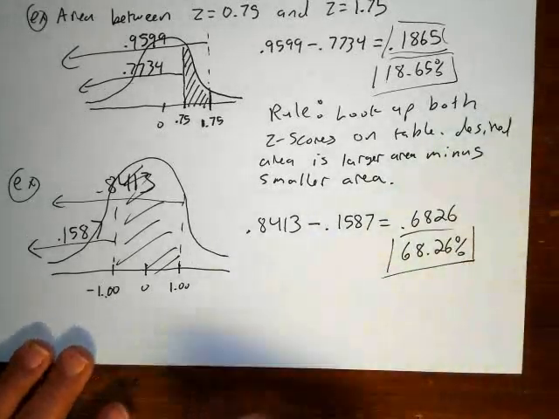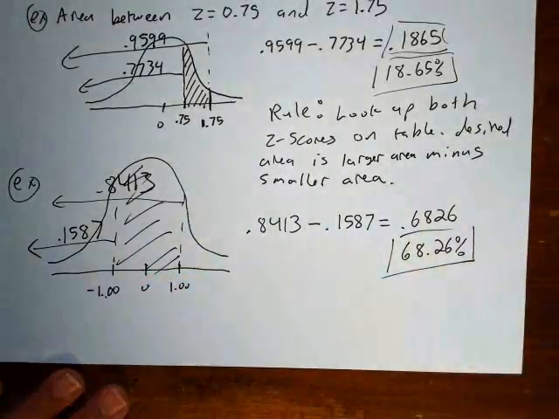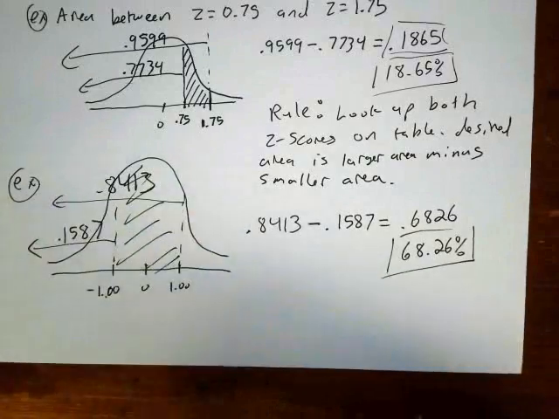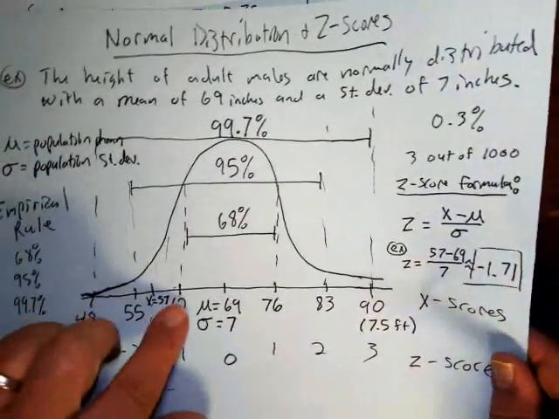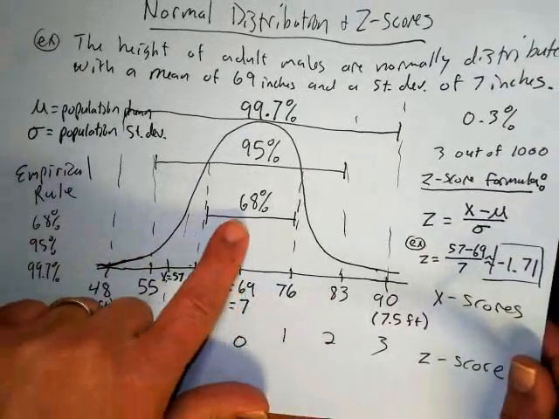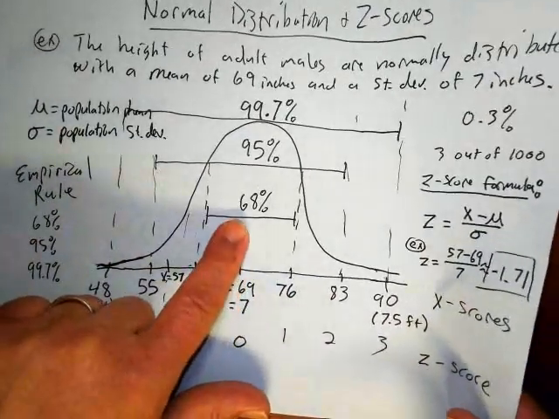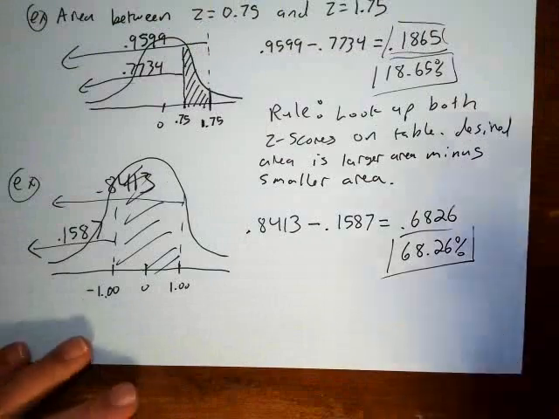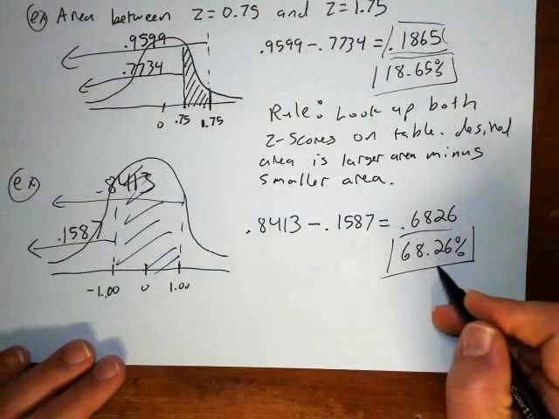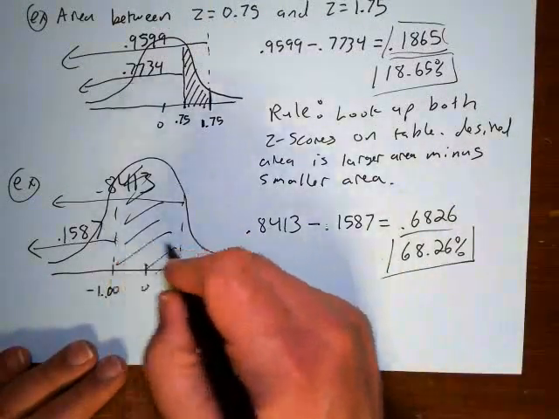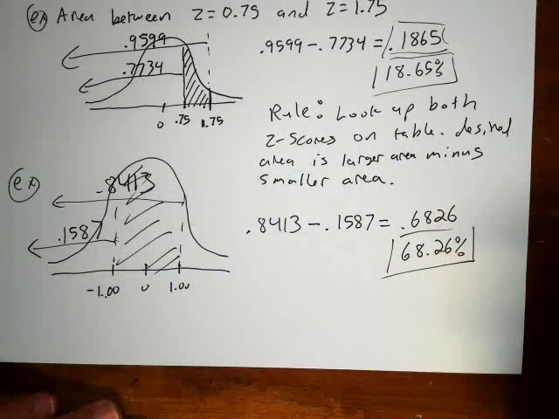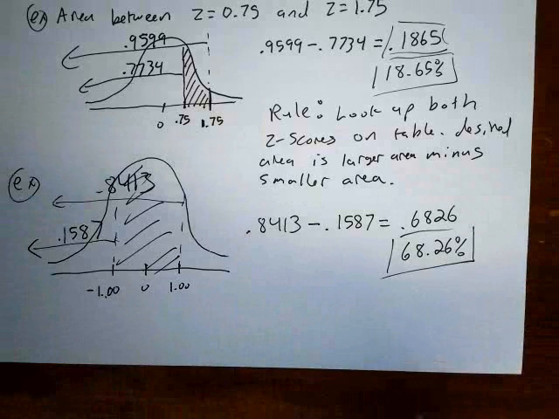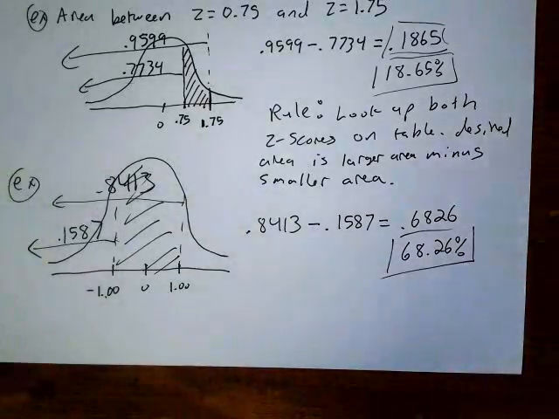Okay, and this makes sense because in the beginning, when we did the normal distribution, within one standard deviation on either side of the mean was 68% of the data, right? Well, this is the actual percentage. 68.26% of the data lies within one standard deviation, and they're rounding it to the nearest percent to get 68%.